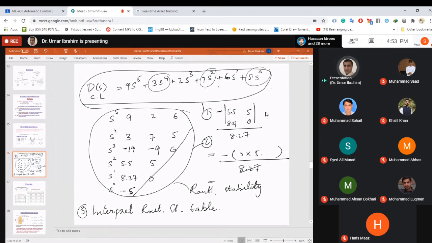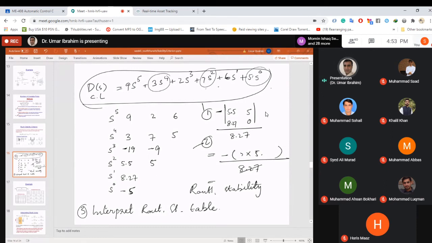As long as you follow this formula, don't worry if there is no element here. You can write 0, or if you don't write 0, it is understood कि यहाँ पे 0. Because we are not interested in these values. Now, if there is no additional question, I'll go to the third part of the Routh stability table, which is to interpret the table.